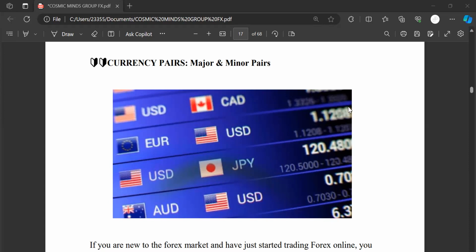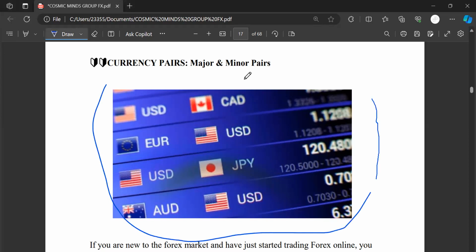If you talk of major currencies, right, I am not talking about major currency pairs, I am talking about major currencies. What it means for a currency pair to be a major one is that either of these currencies will be found in that pair, right?